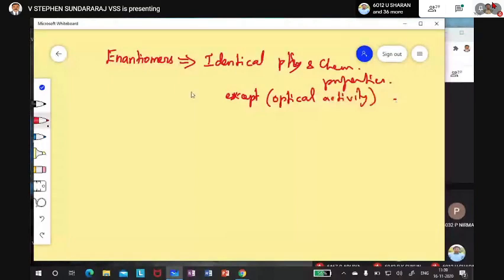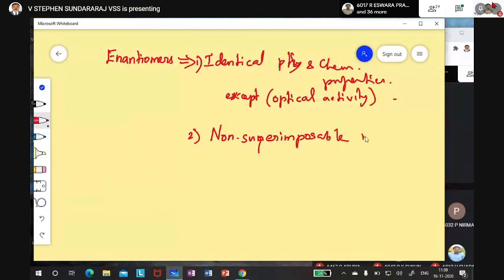Point number 2, the enantiomers, their 3-dimensional structure, if you see now, they are non-superimposable. Non-superimposable, I already told you, superimposable. Mirror images between the two structures. Suppose this is one structure, this is second structure, both of them are enantiomers. Then you keep a mirror, and what is the relationship between them?